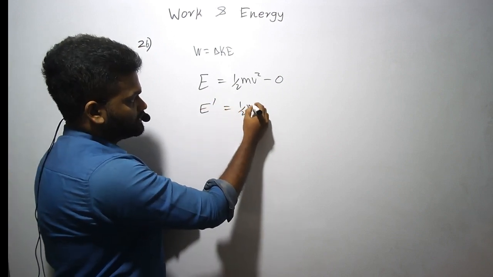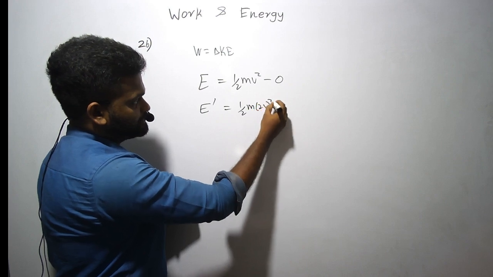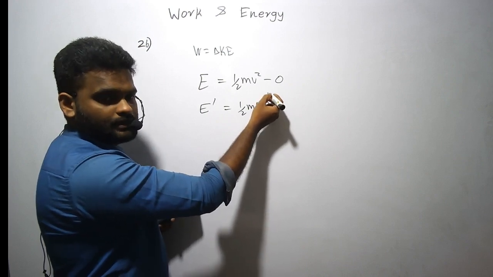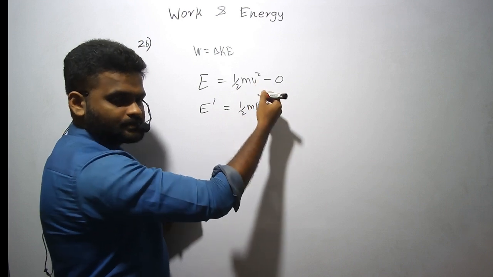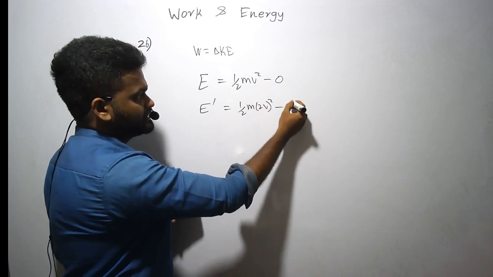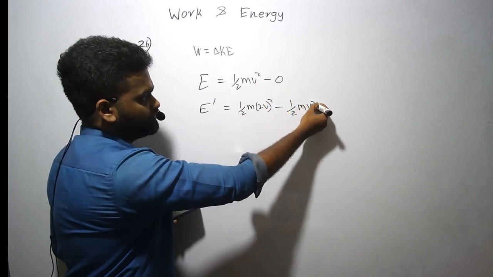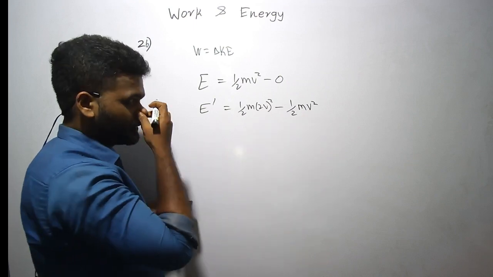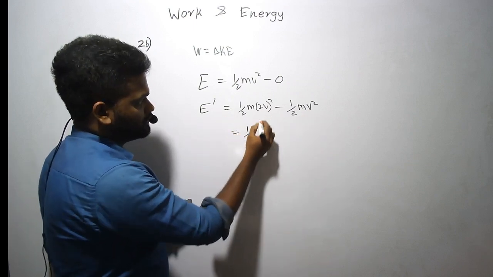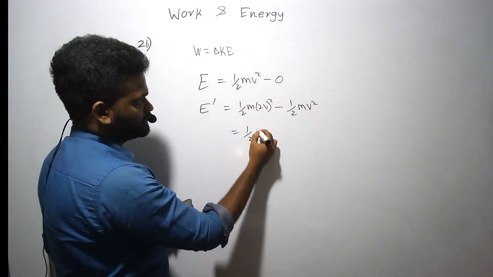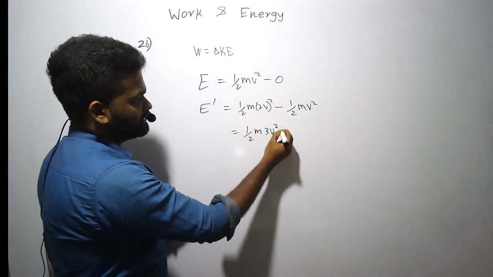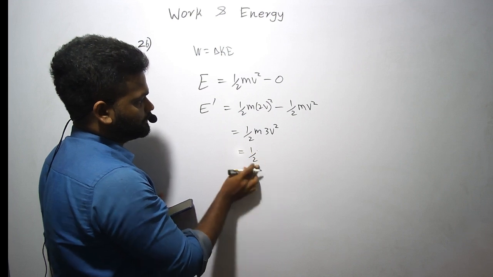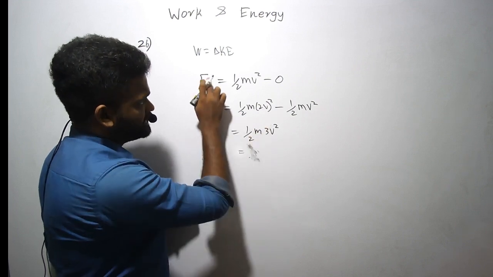At the second case, speed is doubled. But when speed gets doubled, due to v squared, it gets 4 times, right? Minus half mv squared. So the speed is increased from v to 2v. So what do you get? 4 minus 1, half m 3v squared. 3 times half mv squared is E, right?